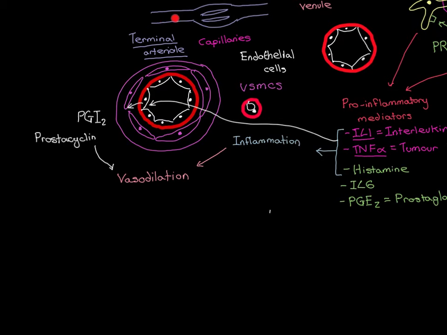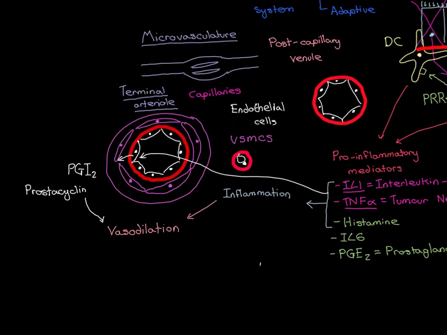More blood can come through the terminal arterioles, therefore more blood will go through the capillaries, more blood will go through the postcapillary venules. Blood flow to the area will increase. That's the key consequence of vasodilation. So this is going to lead to increased blood flow. So blood flow to the infected area or the inflamed area is going to increase.